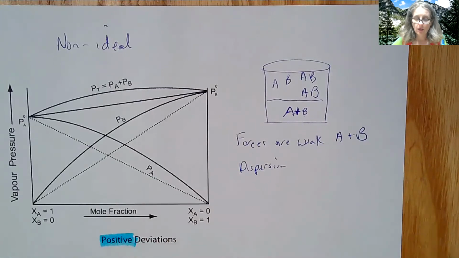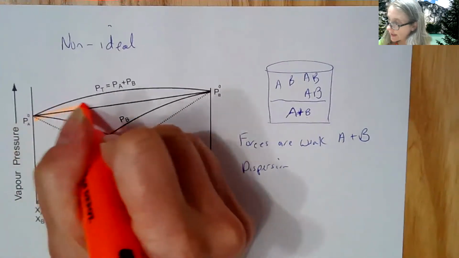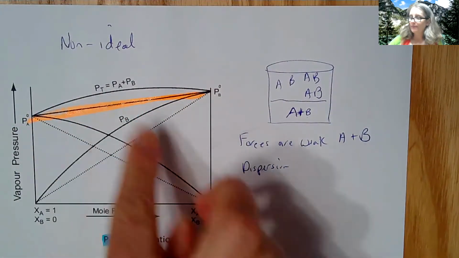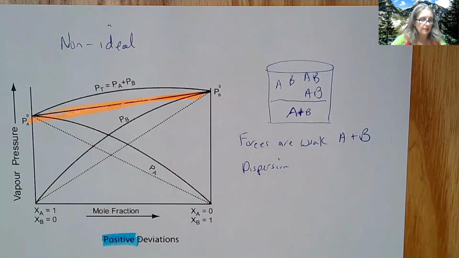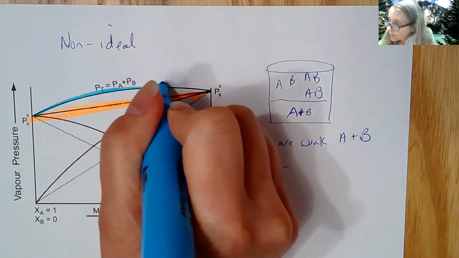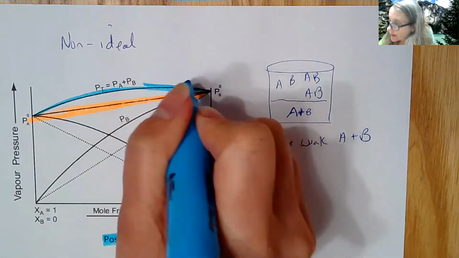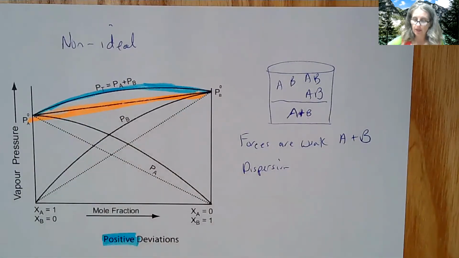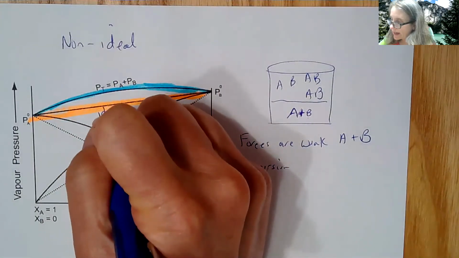The ideal is this straight line. Do realize there are a lot of lines here that I don't want you to focus on. Instead, focus just on this curvature up. The orange is the ideal, so that's how the ideal behaves.